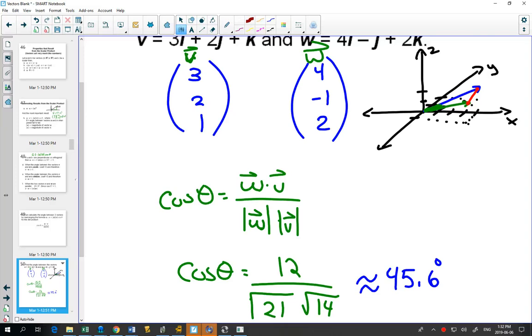That seems like a lot of work, right? And the vectors make it really easy. In fact, what the vectors are doing is basically the same idea as the cosine law, just a lot easier.